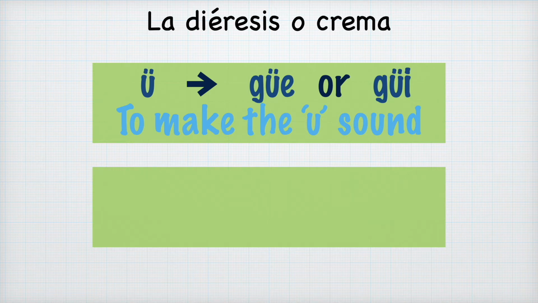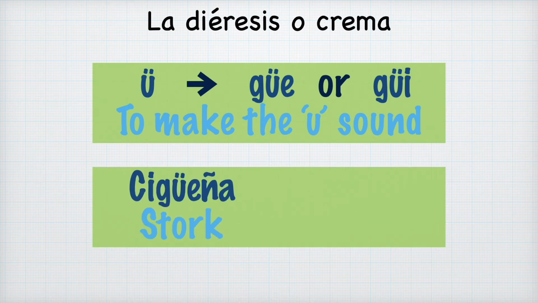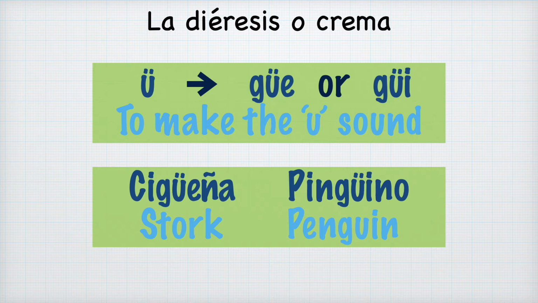And much like the previous signs, you'll only see this accent above the U in these combinations. So it's fairly straightforward. We have cigüeña, for example. Cigüeña, and it means stork. We have pingüino, pingüino, and it means penguin.